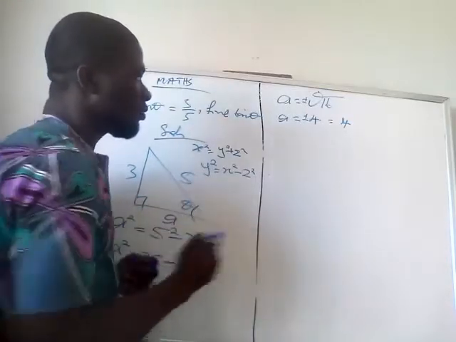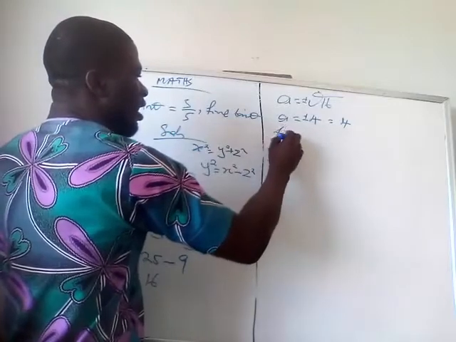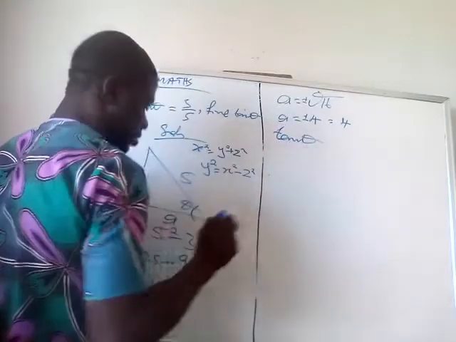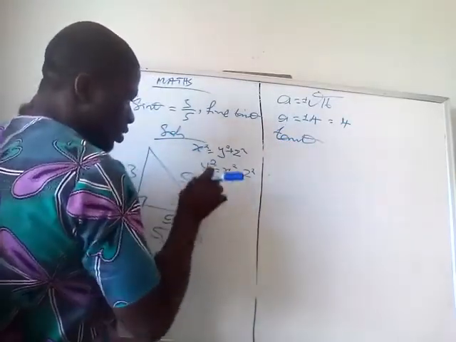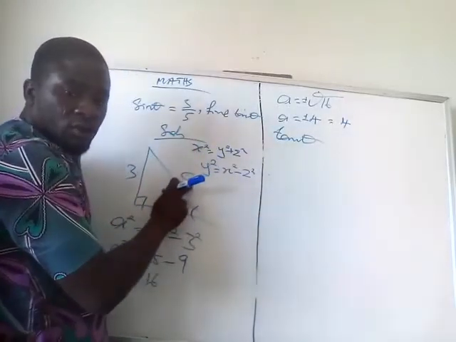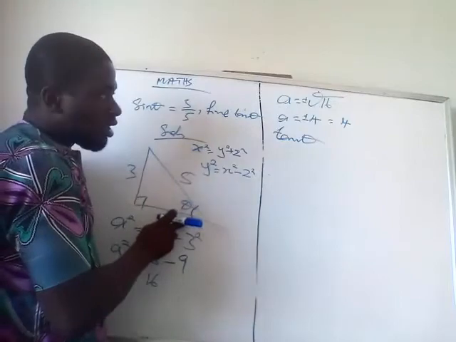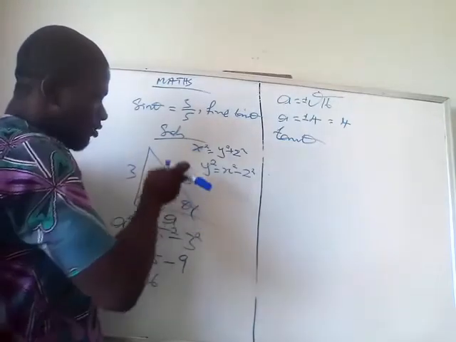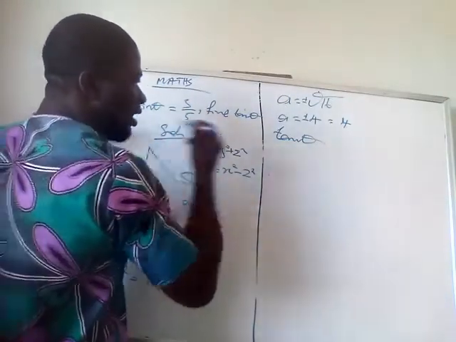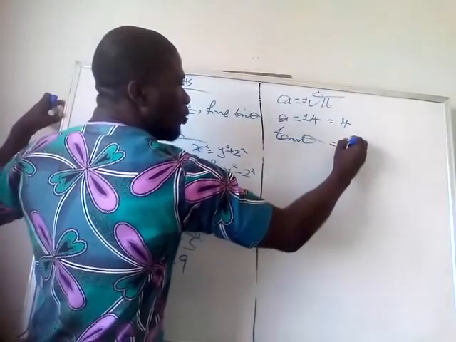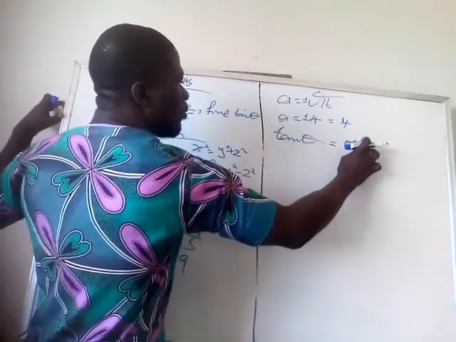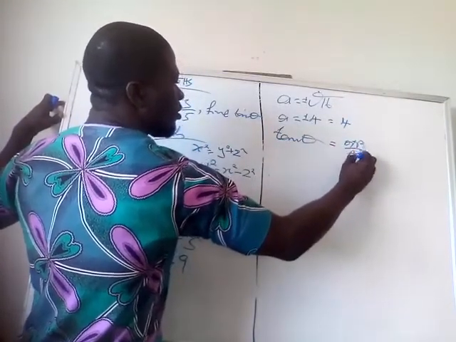So in this case now, for tan theta, you know the hypotenuse, you know the opposite, you know the adjacent, which is our A. So what is tan theta? Tan theta is opposite over adjacent.